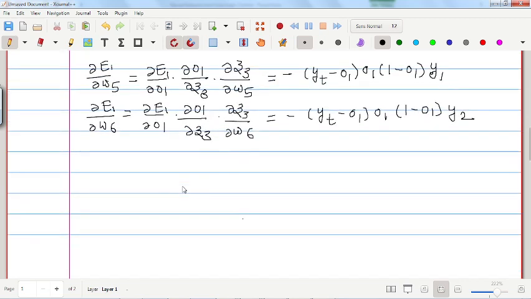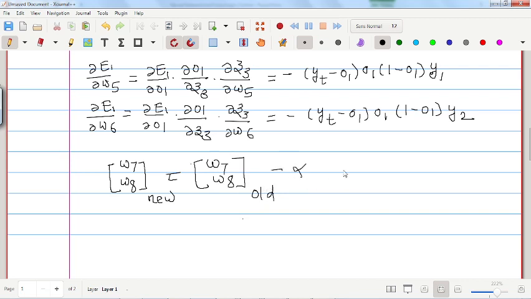Now let me write down the updated weights of W7 and W8. These updated values we are finding. So this is equal to W7 and W8 old values minus alpha.